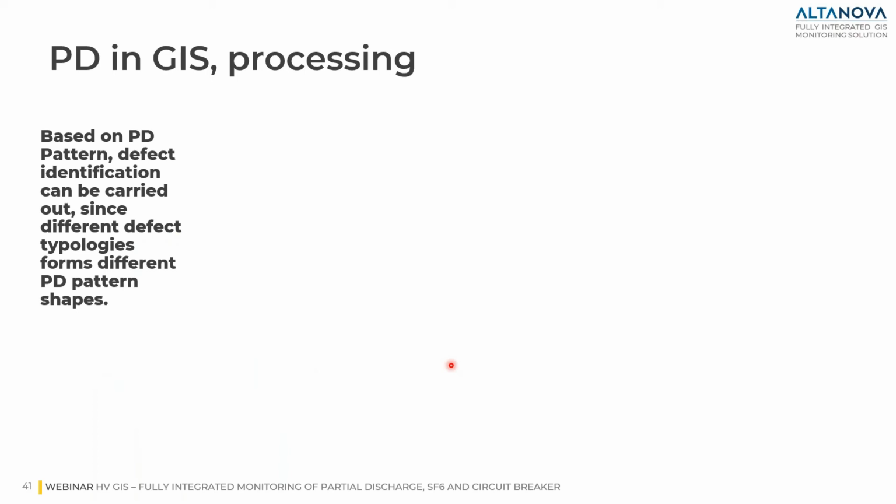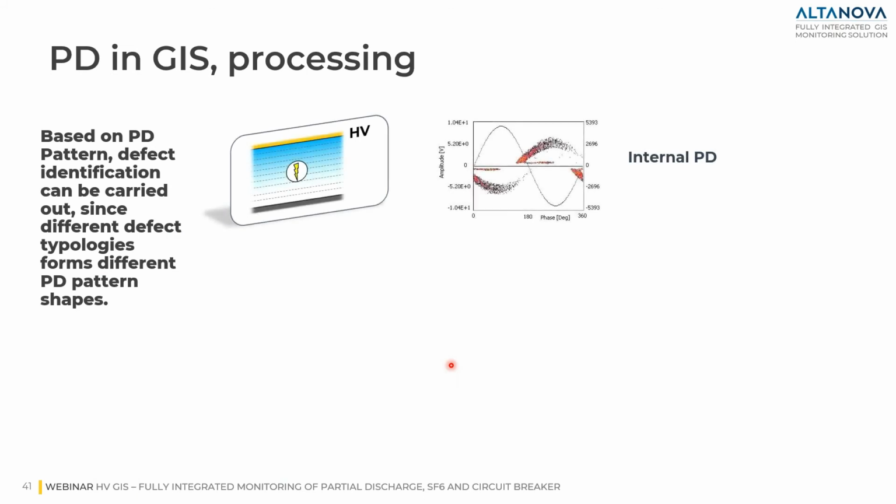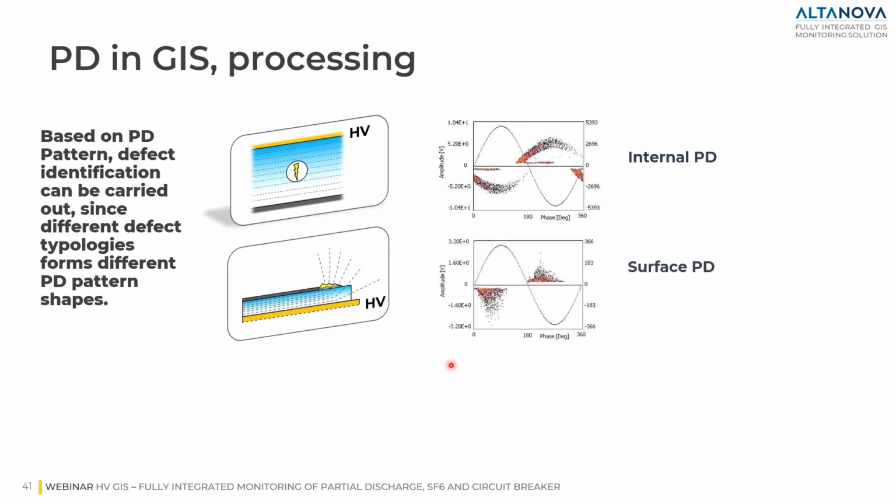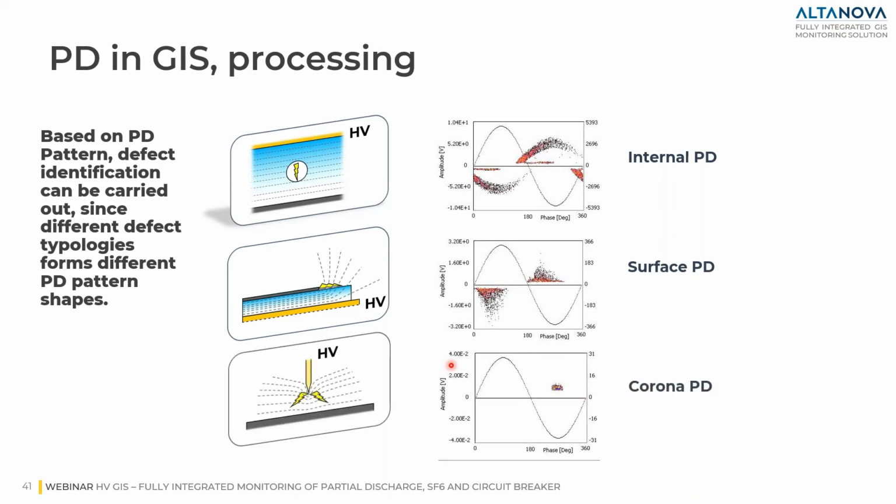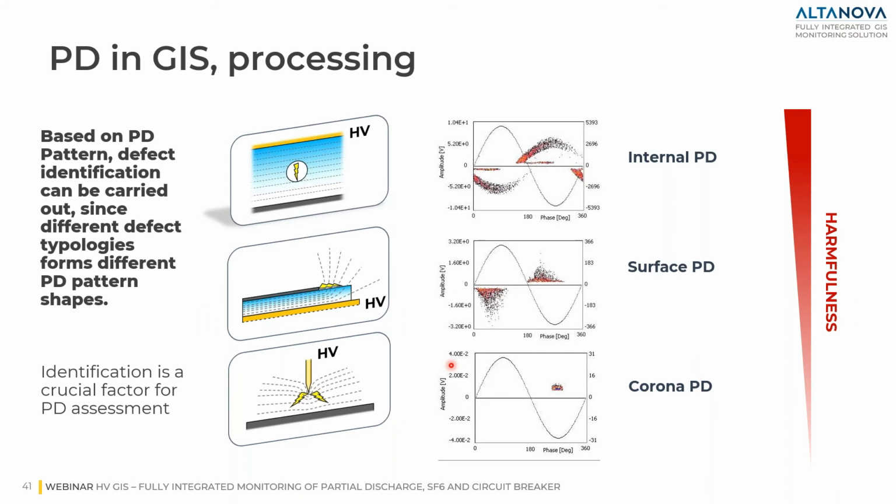It's important to mention that based on the PD pattern, the defect identification can be carried out, since as you can see in this animation, different defect typologies form different PD pattern shapes. Identification is always a crucial factor in the PD assessment in general and even in the GIS application.